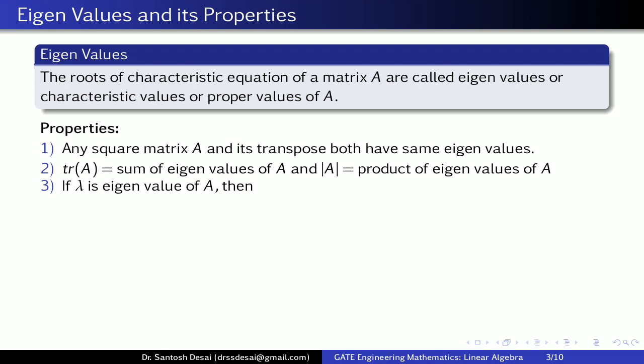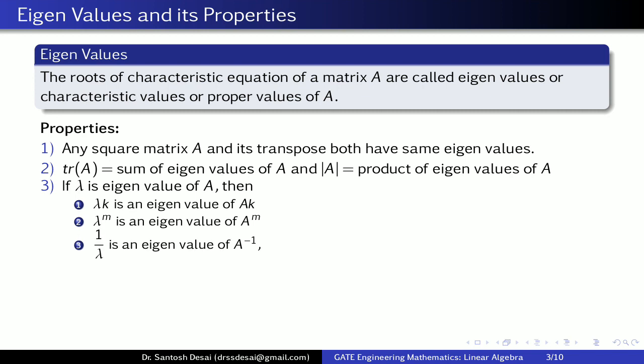If lambda is an eigenvalue of A, then by using the following properties, one can find the eigenvalues of various matrices which are obtained from A. That is, if lambda is an eigenvalue of A, then lambda k is an eigenvalue of A^k. Lambda raised to m is an eigenvalue of A raised to m, where m is a positive integer.